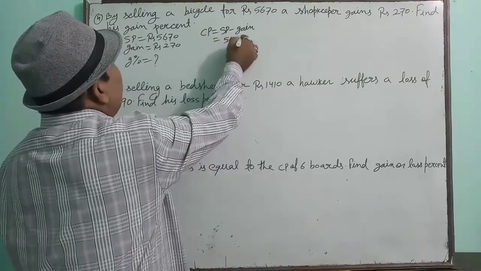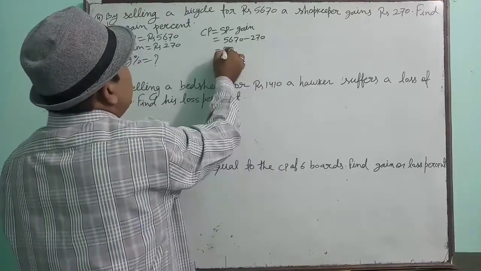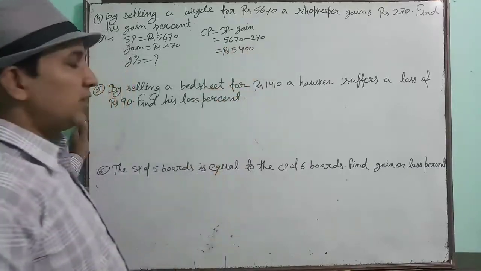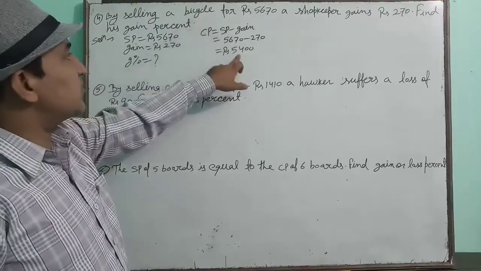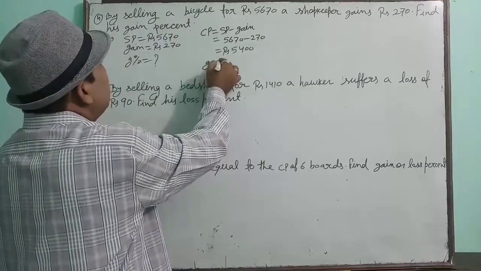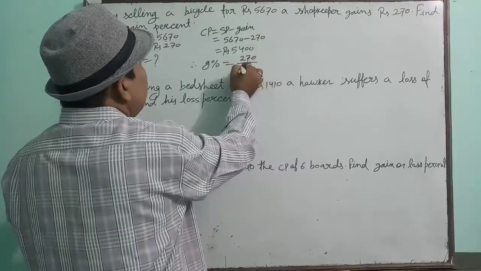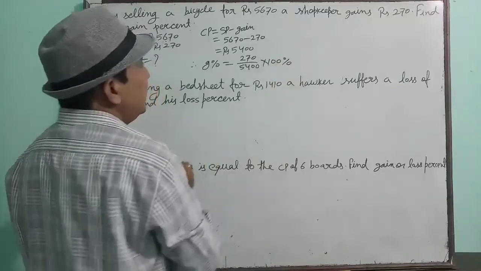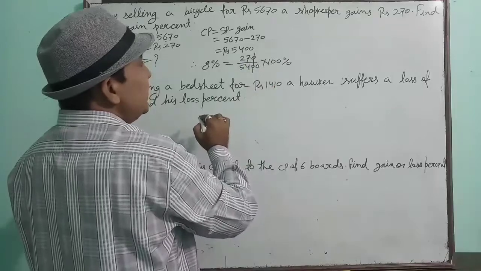Means 5,670 minus 270, that means rupees 5,400. This is the cost price. That means cost price of the bicycle is rupees 5,400. Now we can find the gain percent. Gain percent is equal to gain upon CP multiplied by 100%. Okay, see children, 0 and 0 cancel.